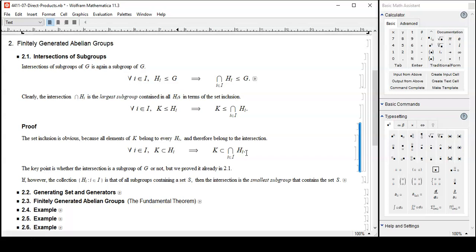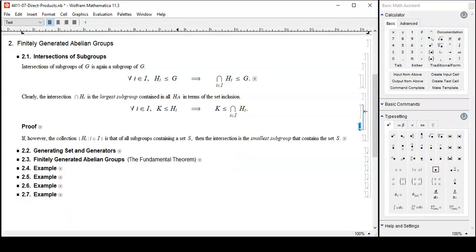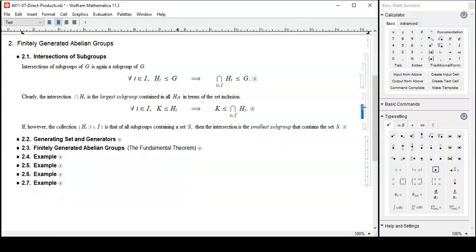Yeah, the set inclusion is trivial. The question is whether this is a subgroup as well, but then again, we did it, so there you go. I wouldn't even call it a proof, just a trivial observation. Still, make this observation: not only is this a subgroup, it's the largest subgroup contained in all H_i's.